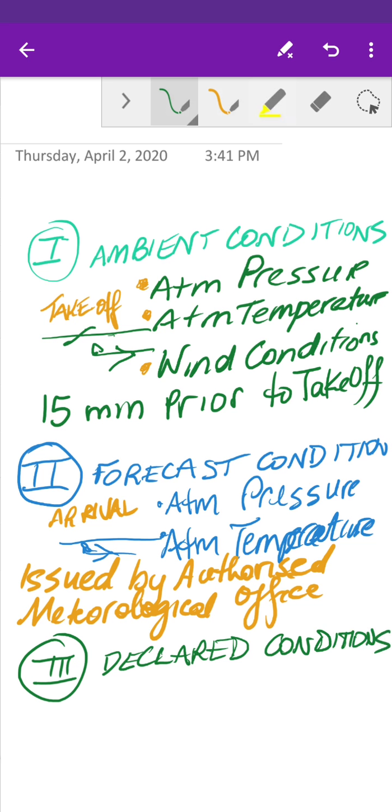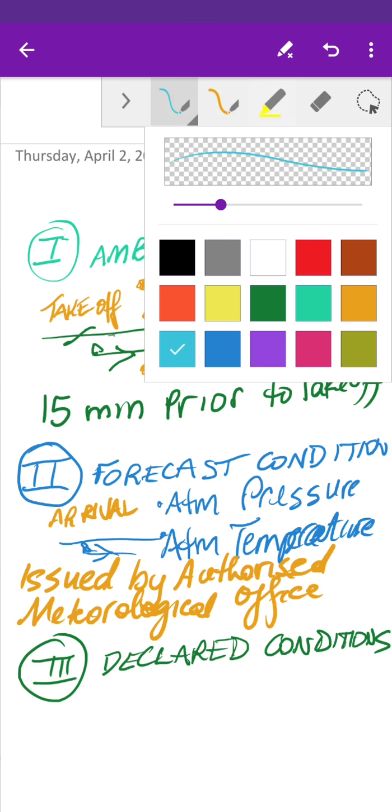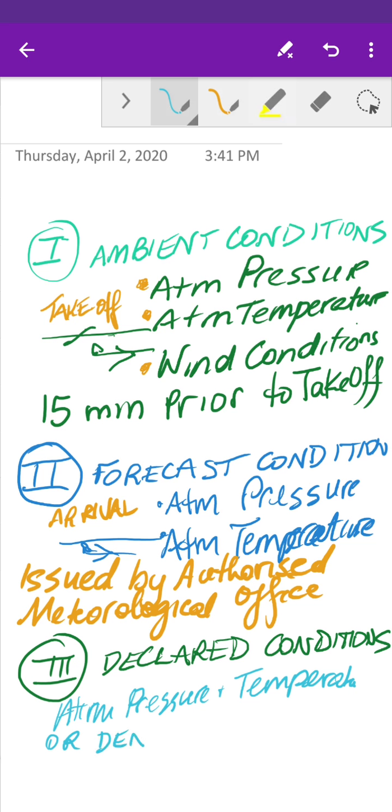Now, in the absence of having a forecast condition, we need to make reference to any published information that has been made available by the authorities of that jurisdiction, and it's what they call the atmospheric pressure and temperature, or in the absence of pressure and temperature, we could simply get density altitude.